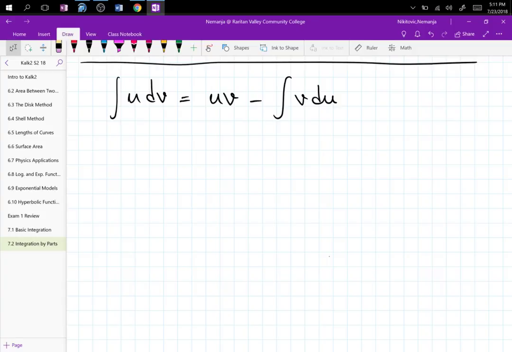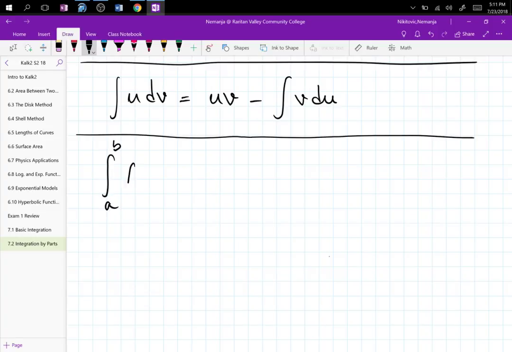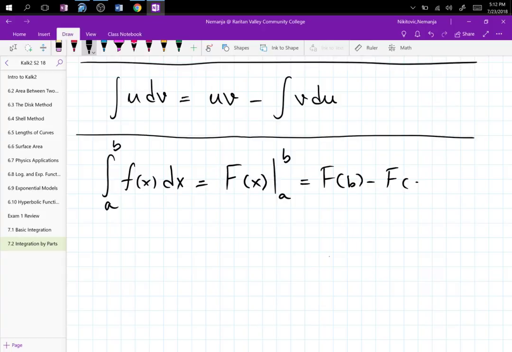So let's talk about definite integral. When you see the definite integral for the first time, which is in Calculus 1, hopefully you learn that definite integral from a to b of f of x dx, where you get any antiderivative capital F of x, which is computed from a to b, and then finally we compute F of b minus F of a.